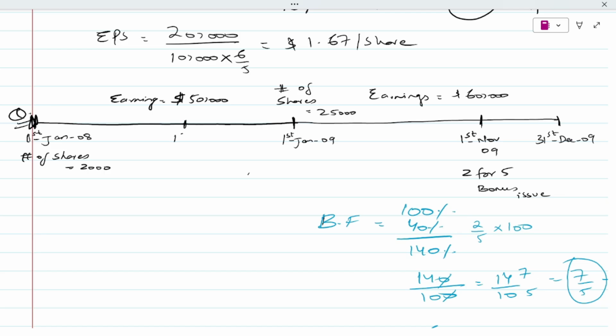And then let's say on 1st July 2008, they made a full market price issue of 5,000 shares. That means in the previous year of 2008, there is no bonus issue. Keep that in mind. In this entire year of 2008, which I have just added, we did not have any bonus issue. We did a full market price issue, but no bonus issue.